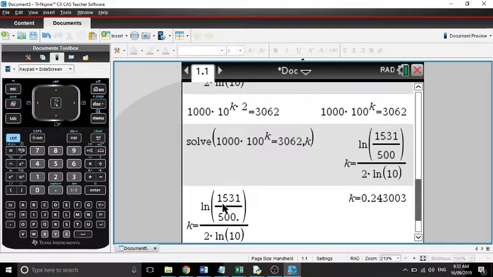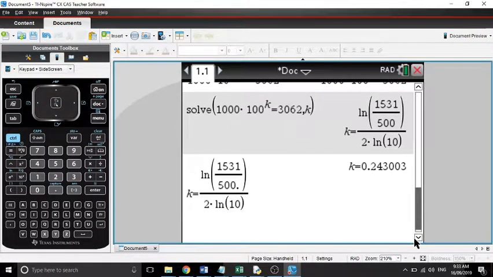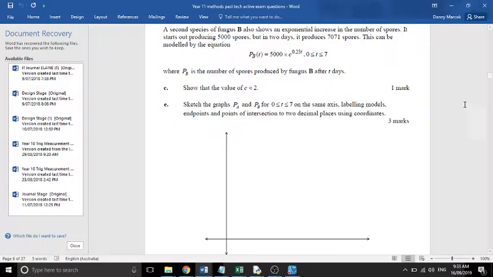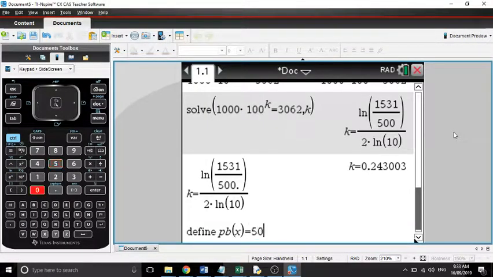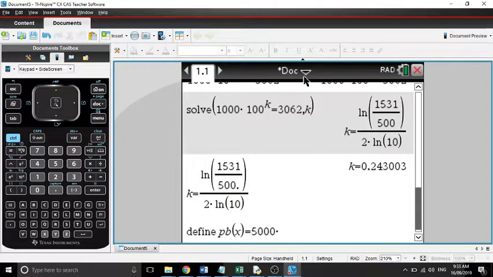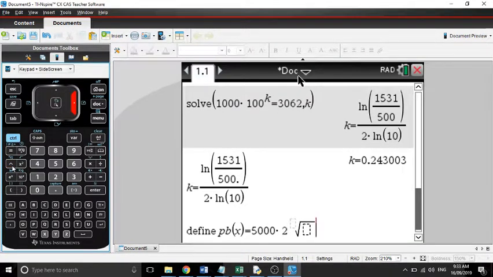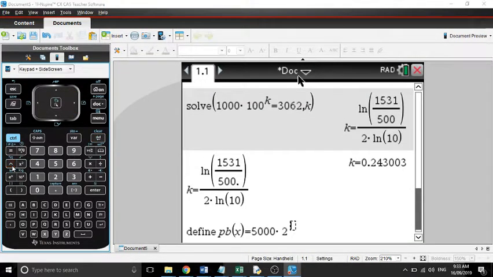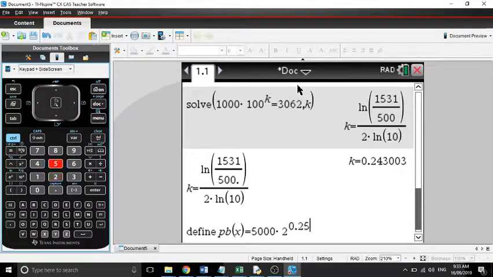So we're going to make a new function. Define PB of X equals 5,000 times 2 to the power of 0.25x.